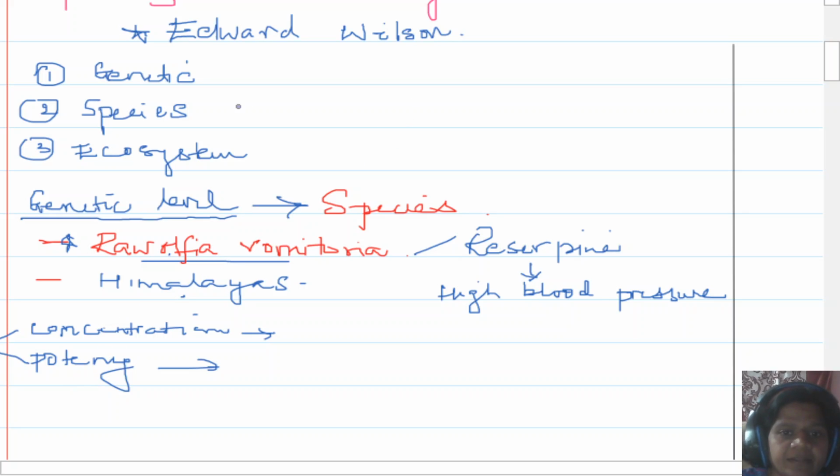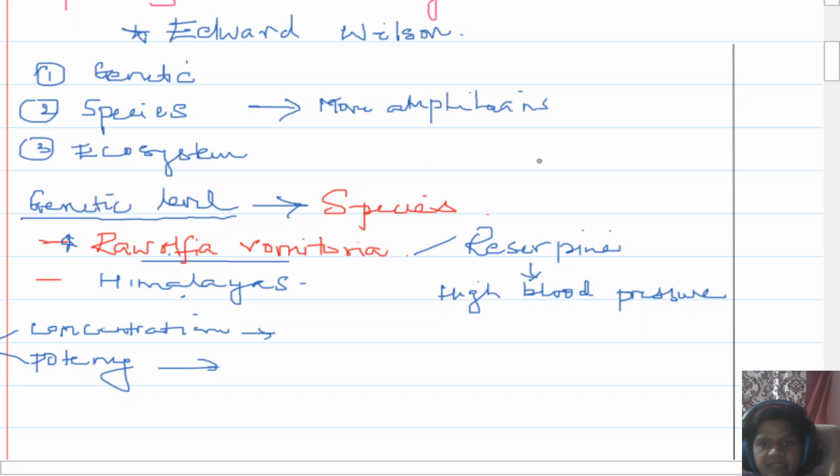Okay, and when it comes to species diversity, you know that we can see that there are more amphibians in the Western Ghats than the Eastern Ghats. You know the Ghats, right?